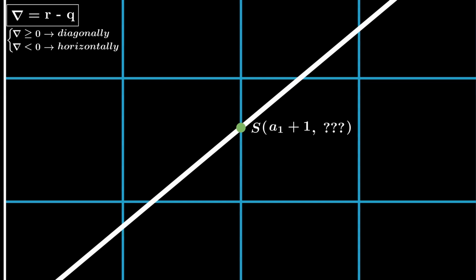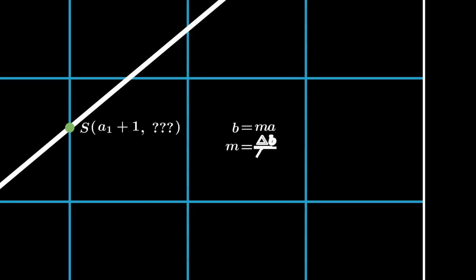And we have also assumed that the line has the equation B equals m times A, with m being equal to delta B divided by delta A. In our case, A is the horizontal coordinate and B is the vertical coordinate. In case of S, we know its horizontal coordinate, and delta A and delta B are always given, meaning that with some manipulation of this equation, we can find the vertical coordinate of S.